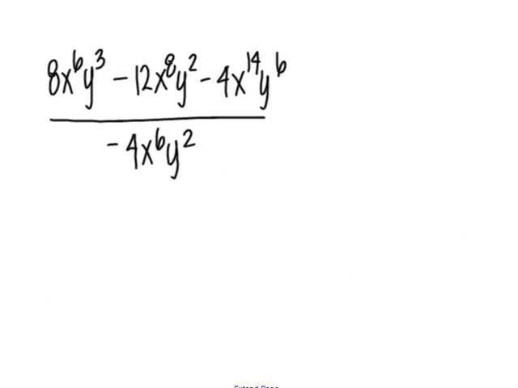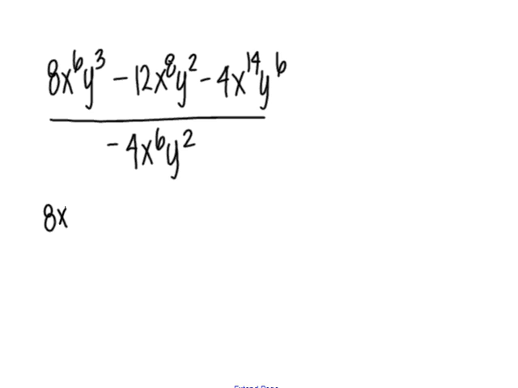One more. In this last problem, you have some negative issues. When I rewrite this one, I'm going to copy it exactly like it appears. So the problem itself is 8x to the 6th y cubed minus 12x to the 8th y squared minus 4x to the 14th y to the 6th, all divided by negative 4x to the 6th y squared.